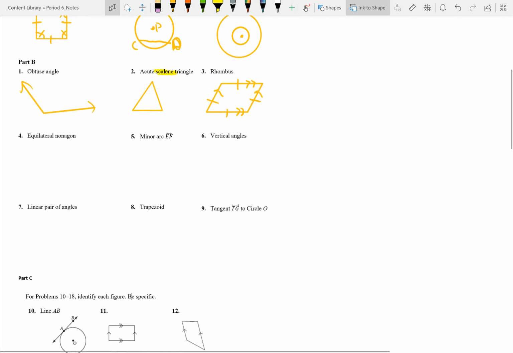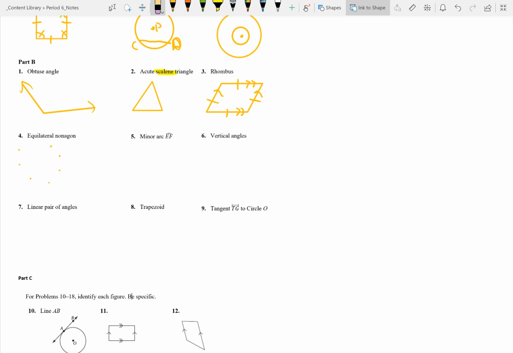Next is an equilateral nonagon. Nonagon means 9 sides. If I can do it this time. 1, 2, 3, 4, 5, 6, 7, 8, 9. Nope. Oh well. Usually when I do it, I like to do it where it's like 1, 2, 3, 4, 5, 6, 7, 8, 9.